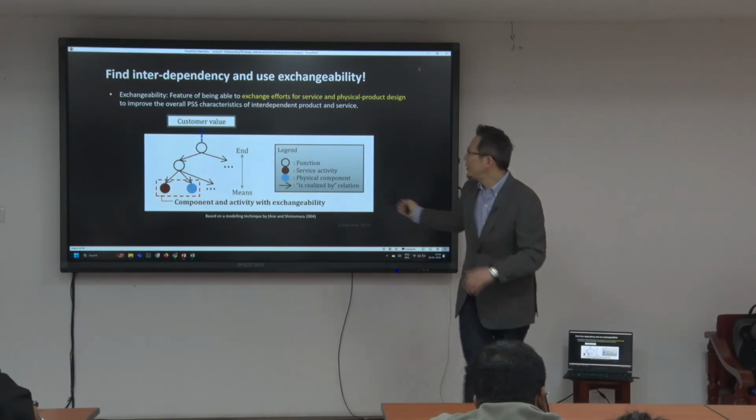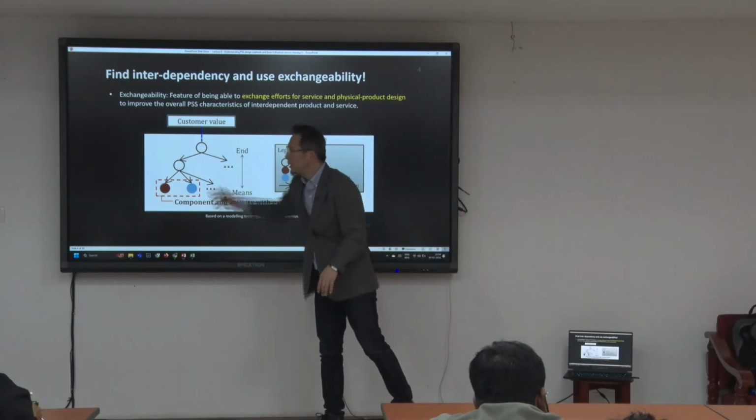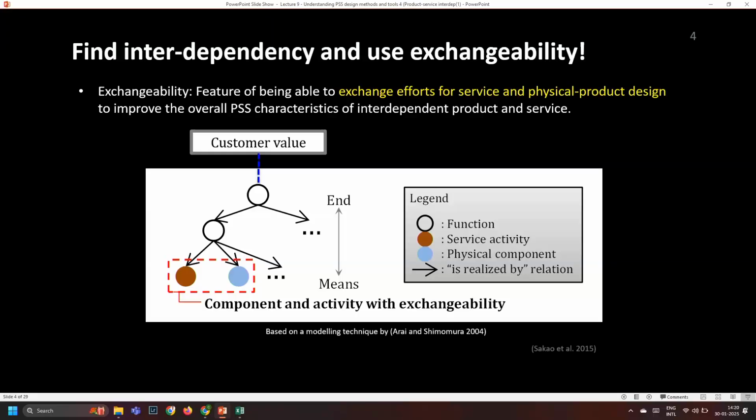And these small circles represent functions realized by either service activity or a physical component. But the aim of these functions is to realize a certain customer value. Right? So look at the relation described here.